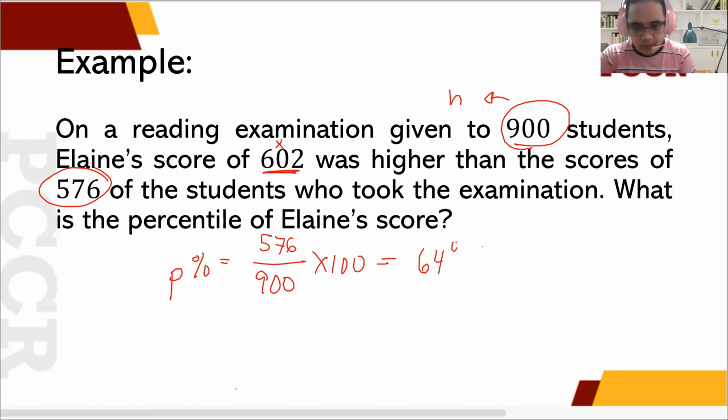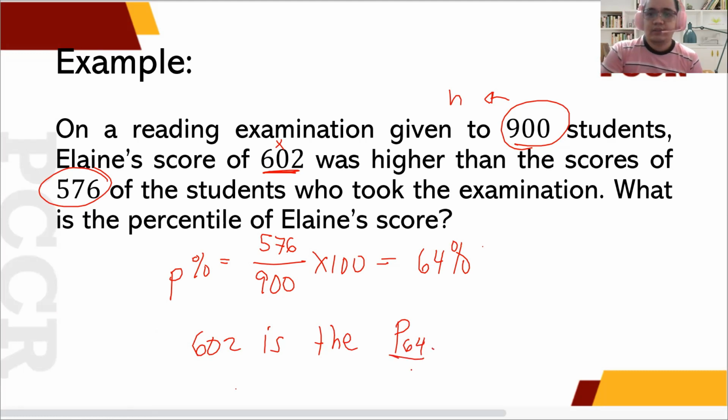Okay, it means the 602 is the 64th percentile, since it is at 64%. Okay, so that's how you interpret the percentile rank. Okay, so that's all for the measures of position that we will discuss for this day, and thank you for listening.